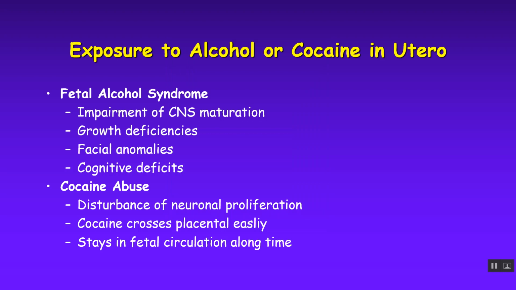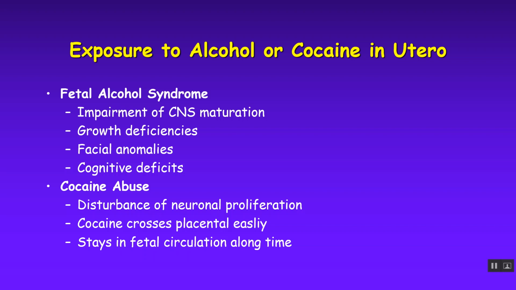Other things that can damage the nervous system in and around birth would be exposure to too much alcohol or drugs. They can definitely take a toll and wreak some havoc on the nervous system. Fetal alcohol syndrome we mentioned; you may be working in the school systems and seeing some of this with kids. With cocaine or opiate abuse, there's disturbance of neural proliferation.